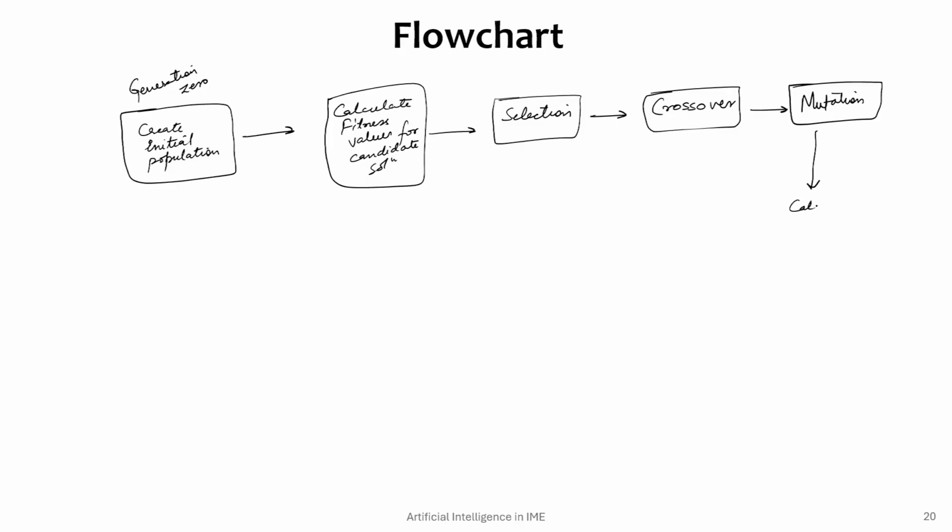Now at this stage after mutation we will get a new generation of candidate solutions, right. So we will again calculate fitness values for the new candidate solutions. So this is the next generation. And then we will check whether we have found our global optimal solution or not.